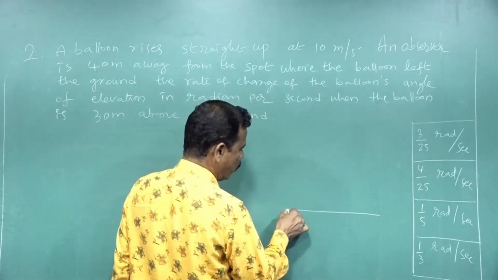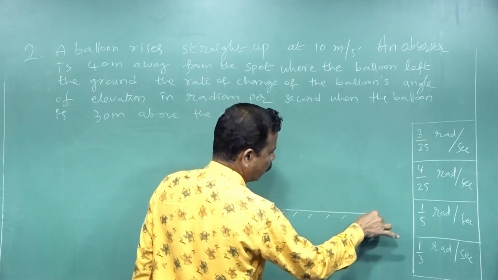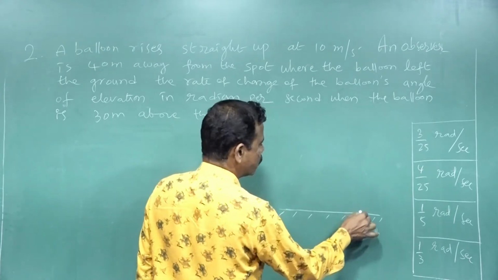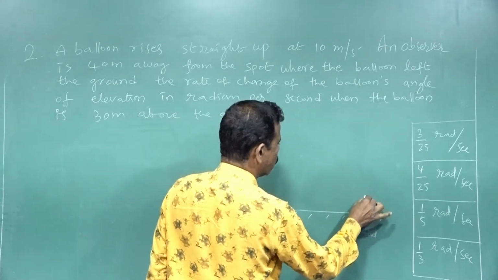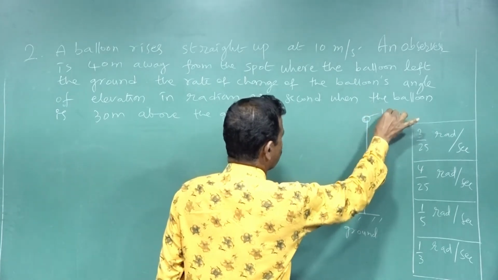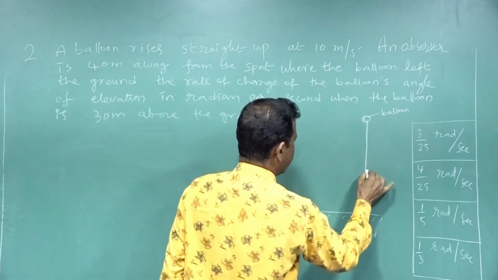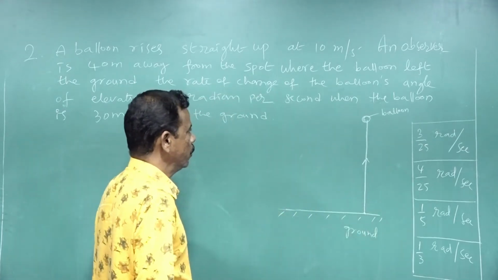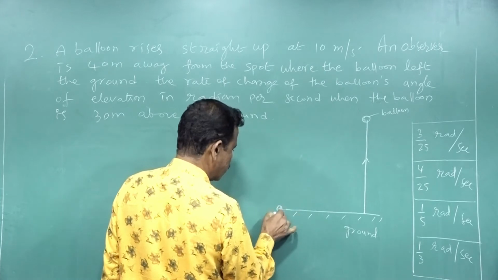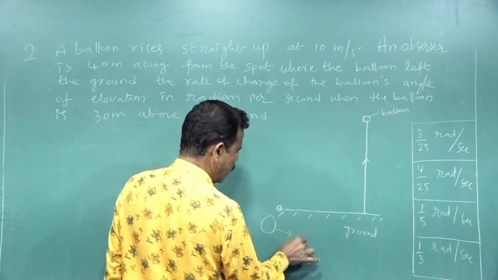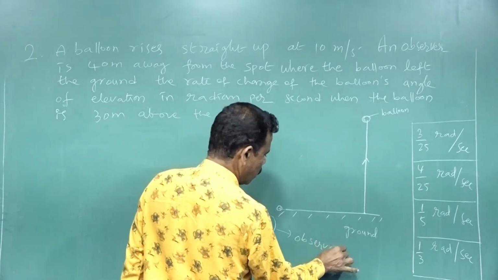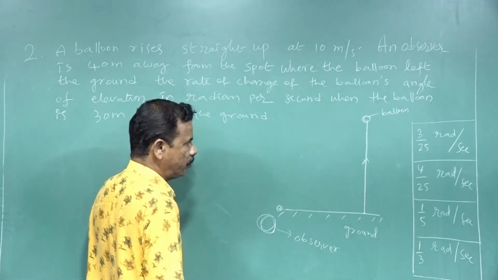Here this is the ground. One balloon goes straight up like this. This is the balloon going straight up. An observer is here. This is the point O, the observer, from here the origin.